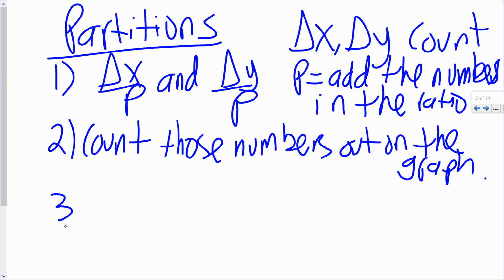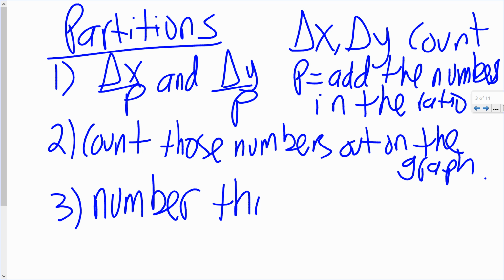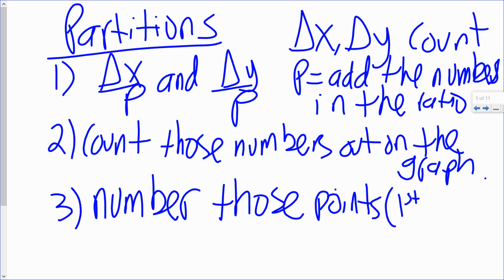We are then going to number those points. And the first point is 0. You're not going to label 0, but the next point after that is going to be 1.